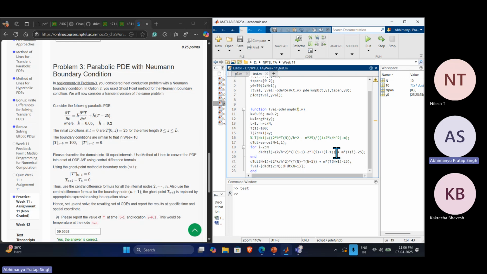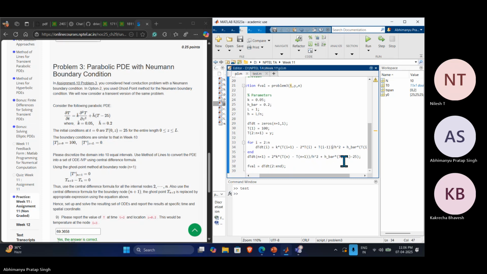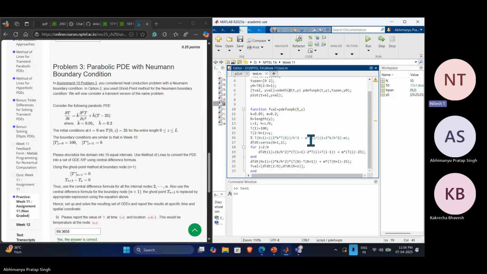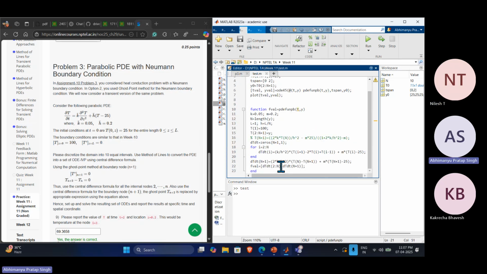K divided by h square. So minus 25. Same code.